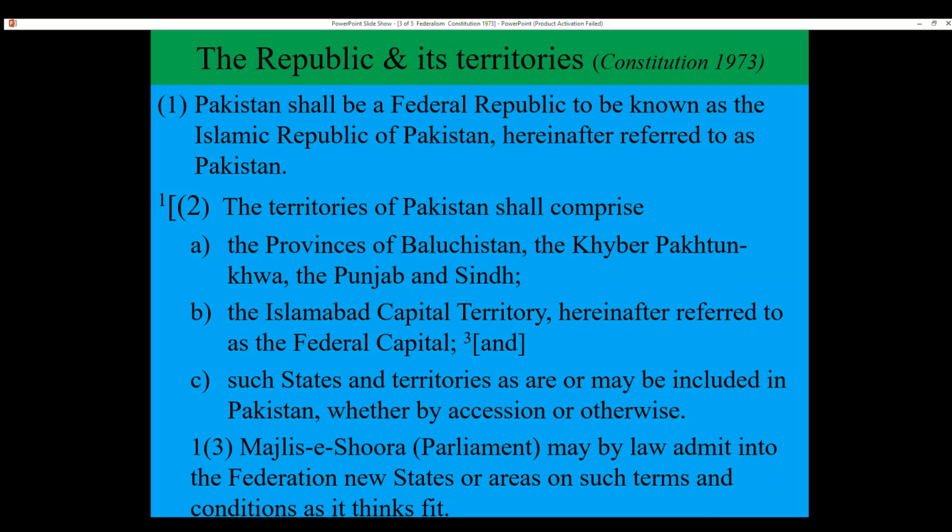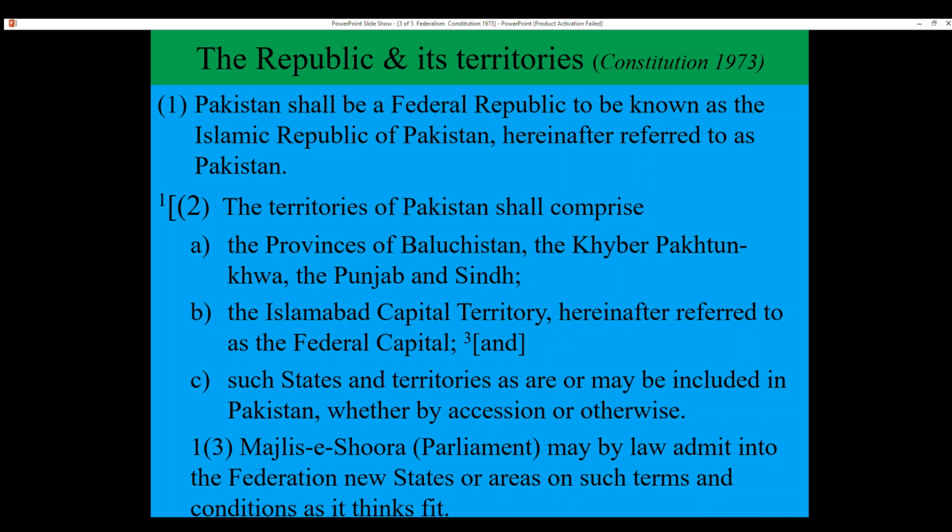First and foremost thing is that the Constitution of 1973 is a written constitution, which is always essential for successful operation of a federation.